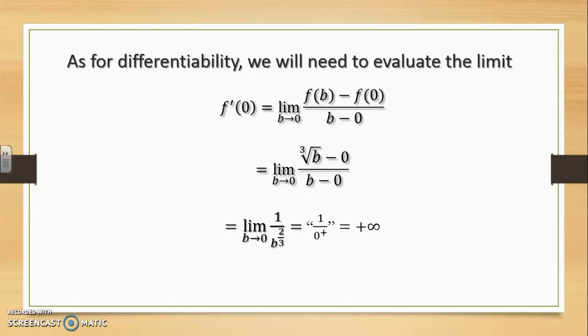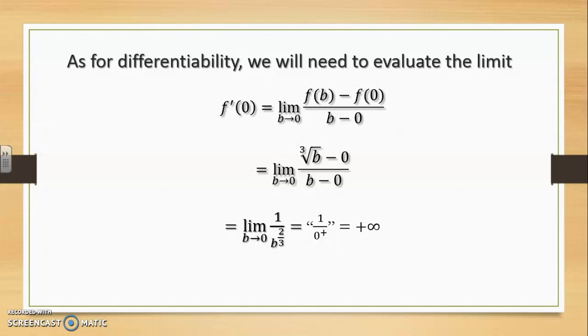Differentiability requires we go back to the definition. In this particular case, since there is no change in definition, this is not a piecewise function, we need not apply two different limits. So I've done one single limit, applying the rule f of b minus f of 0 over b minus 0.